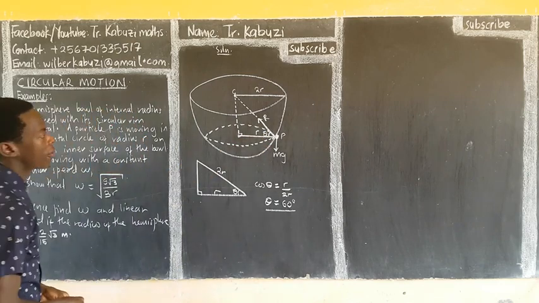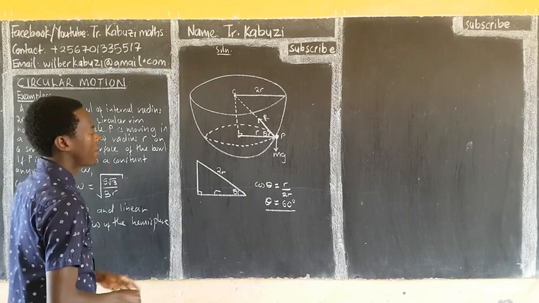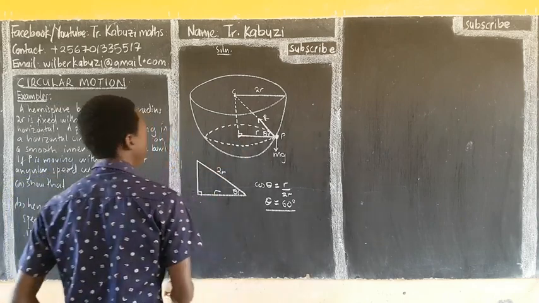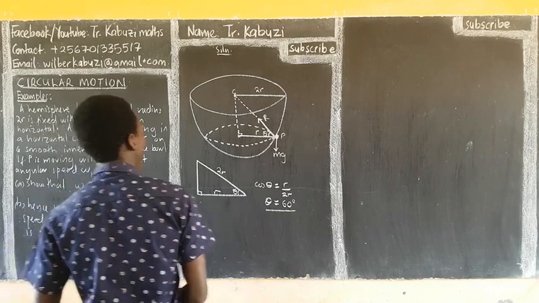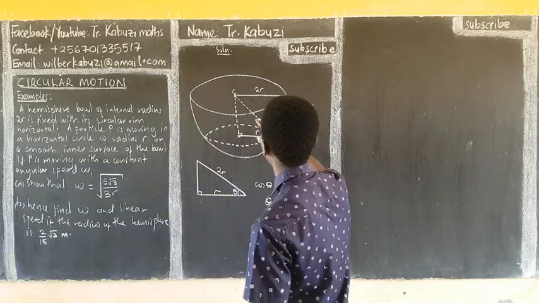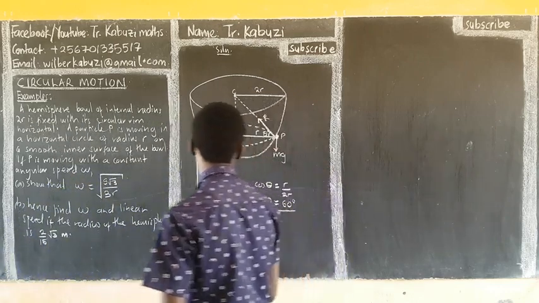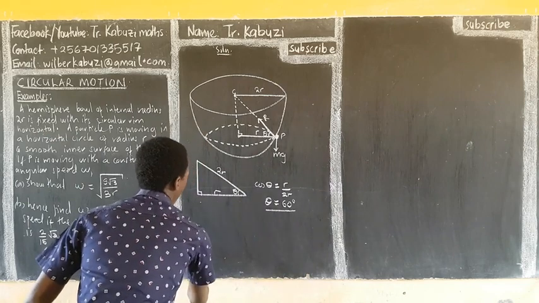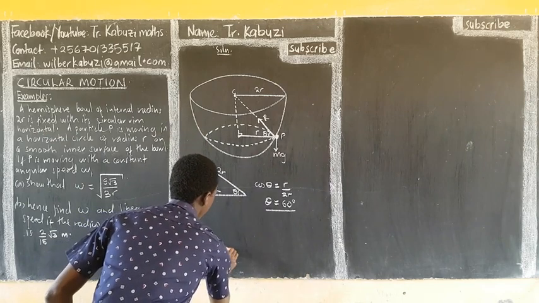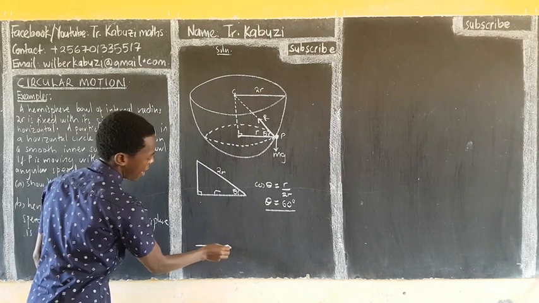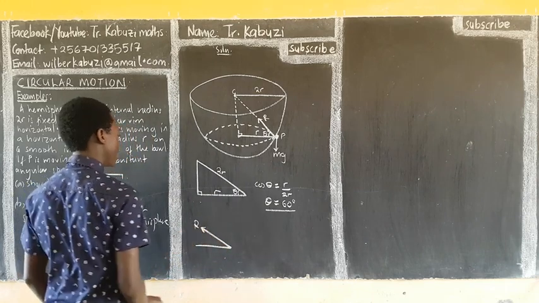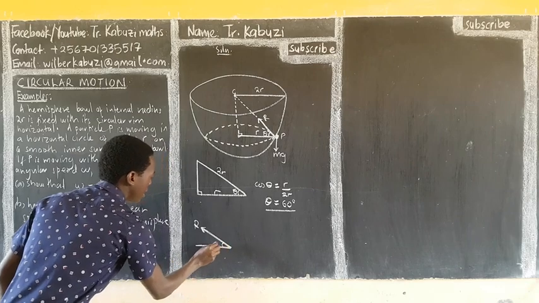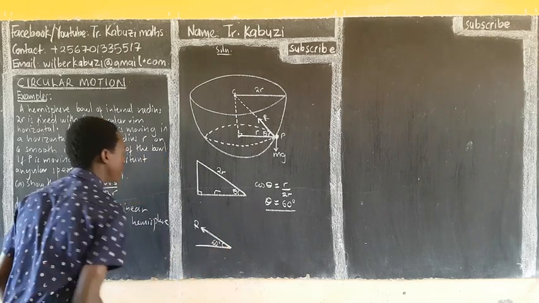Now, can you try to resolve vertically? If I draw another diagram for this, basically, because I now have my theta there, hope you can see it. Then I have the reaction R. So this angle here now is 60 degrees.